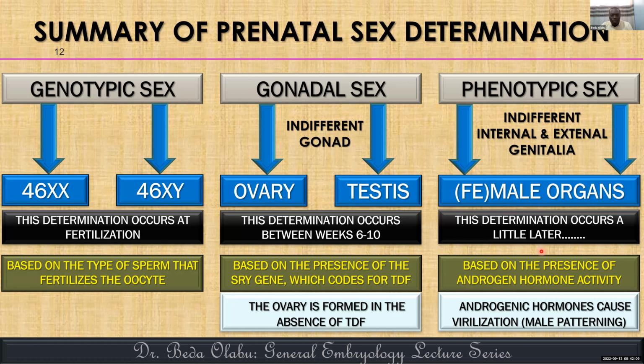Similarly, if a baby is 46XY, so genetically male and perhaps gonadally male, but there's a problem. The androgens are not working. That can cause this baby to become female anatomically.